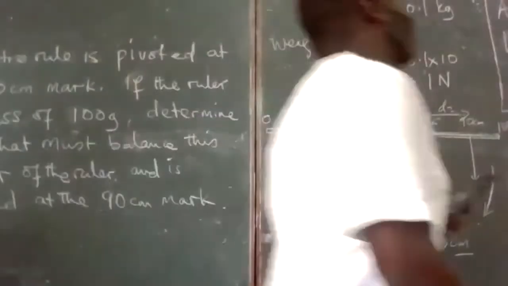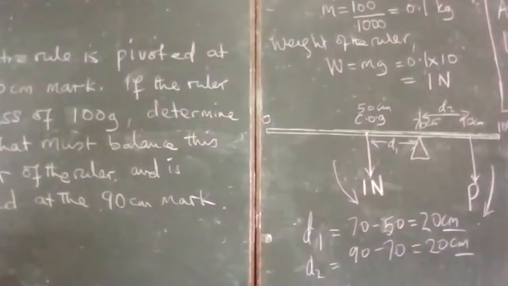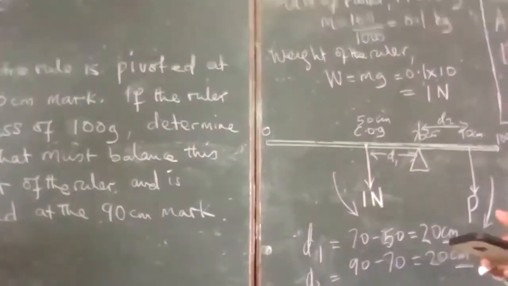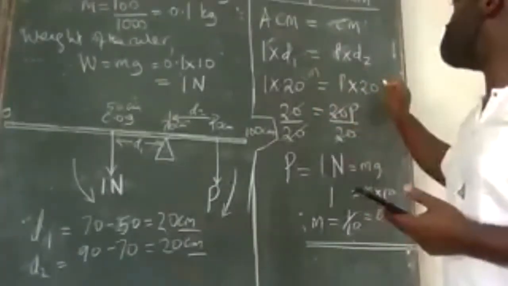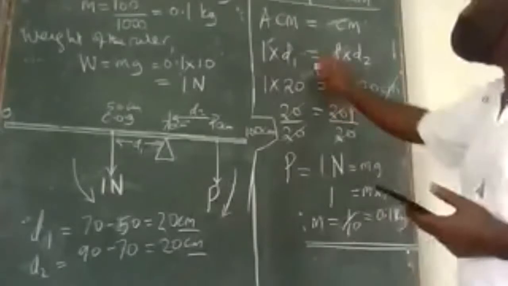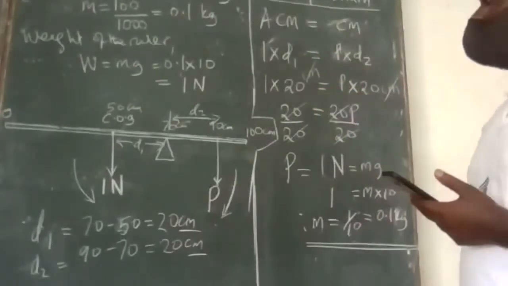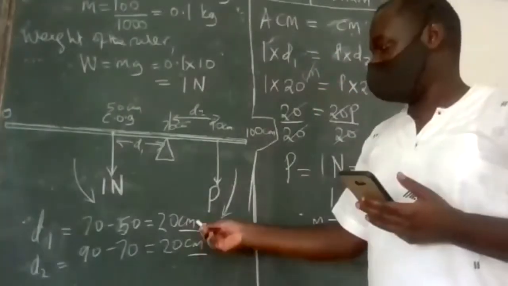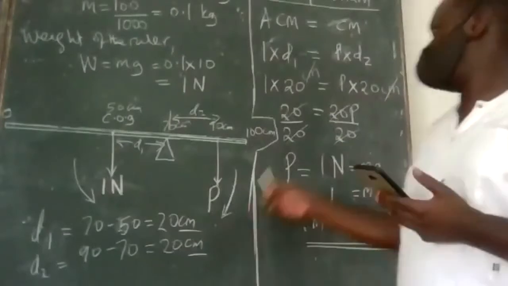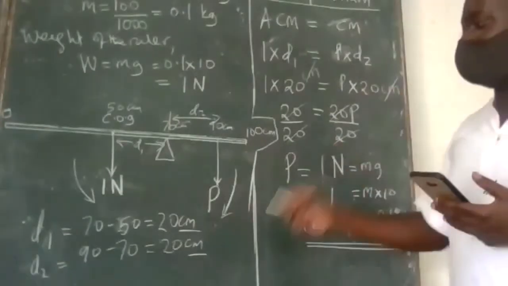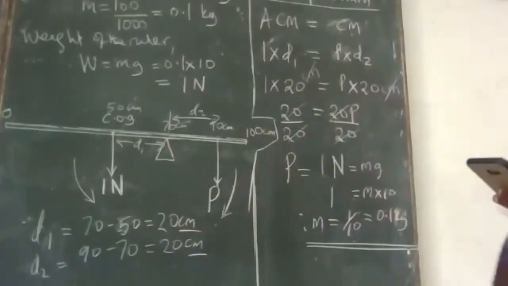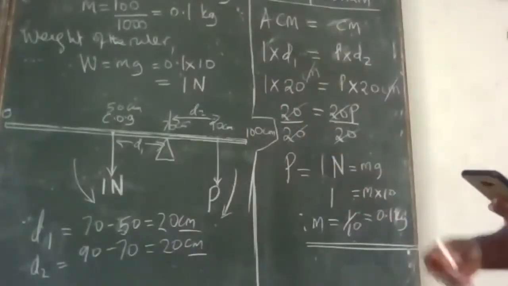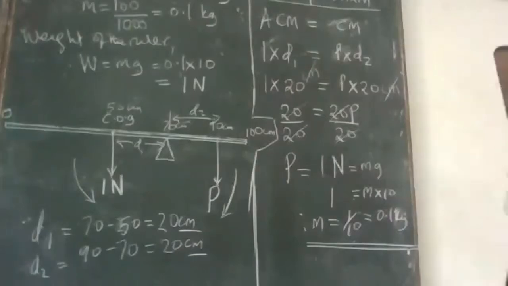So when you substitute, if you put a centimeter there and a centimeter there, they cancel out. So we did not have to convert the distance to meters because the units cancel out. If they were not canceling out, then you have to convert the given distance to meters, because the SI unit for distance is the meter. Hope we have answered you from the chat.